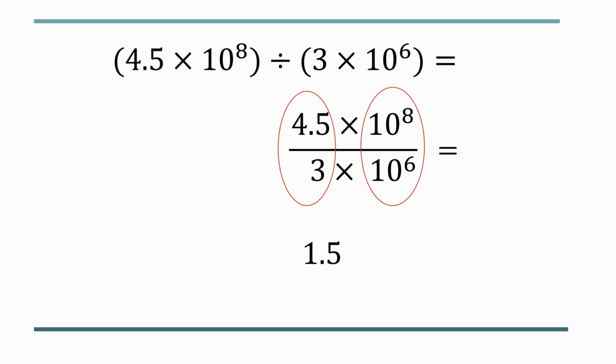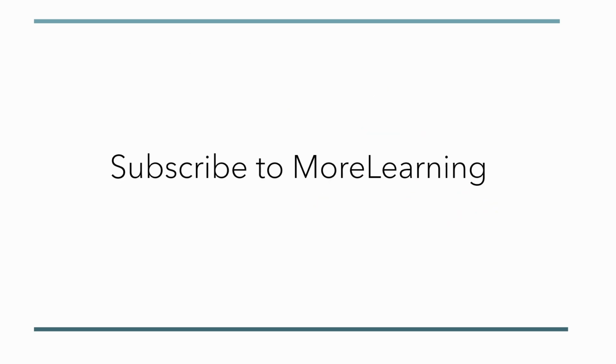To do this, we only need to subtract the index at the bottom from the index at the top. 8 minus 6 is 2. So our power of 10 is 10 squared. The final answer is already in standard form. We are done.